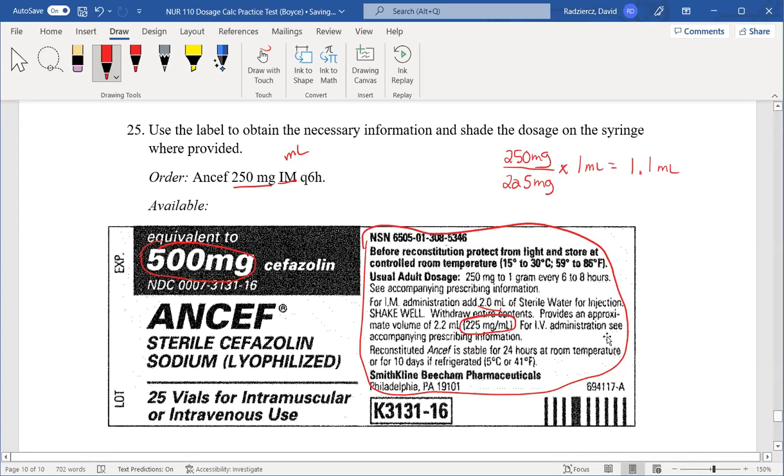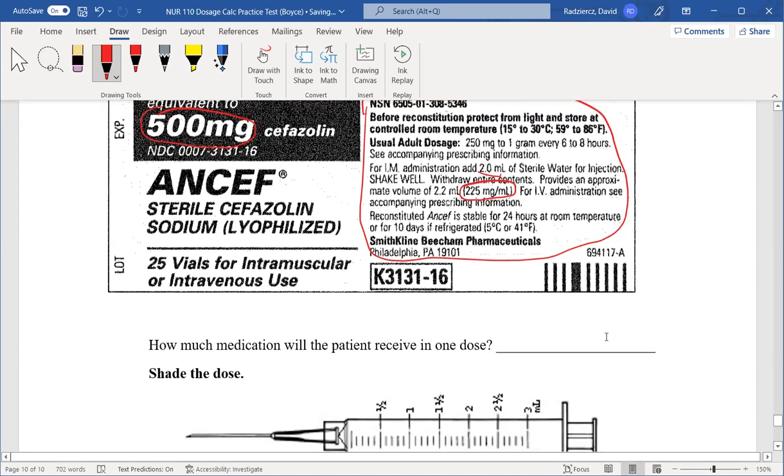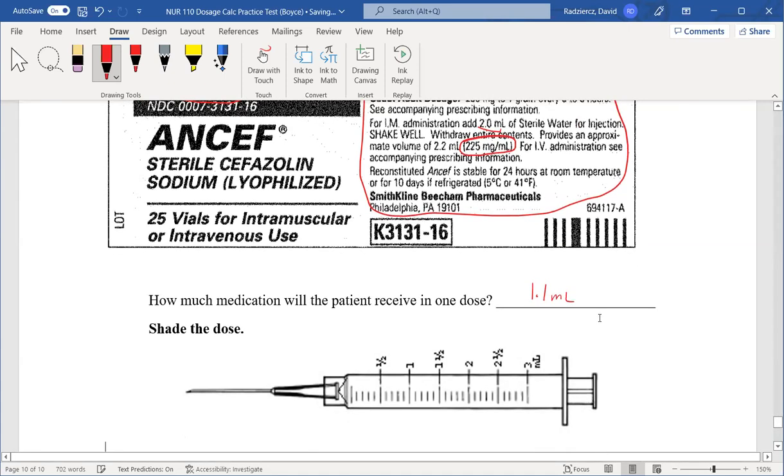And then I believe there's a syringe to this. So yeah, 1.1. Hold on 1 second. And then I would mark the syringe at 1.1. And then there we go.